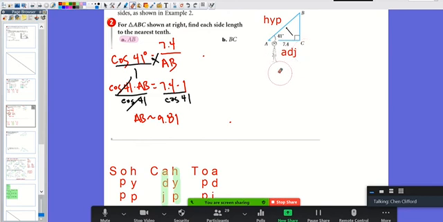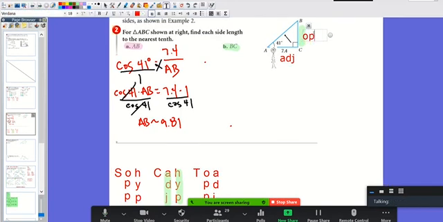All right. Now, we're going to try to find BC now. Okay, we're going to find BC. Now, BC is called opposite. Okay, it's called opposite. All right.